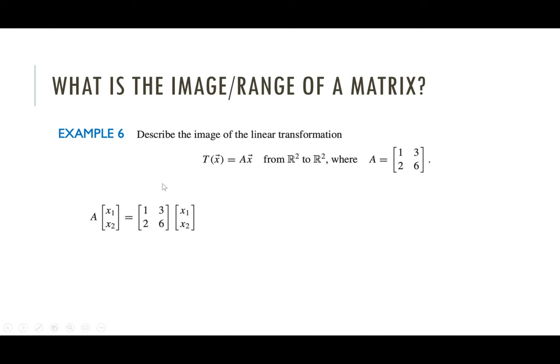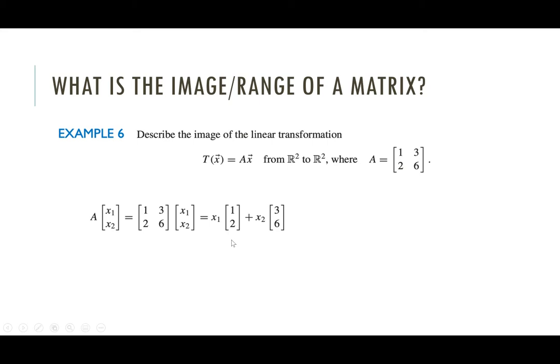Okay, let's think about it. This matrix times some random vector x is going to look like this. If we look at the column picture of this, this multiplication is just equal to x1 times the first column plus x2 times the second column.